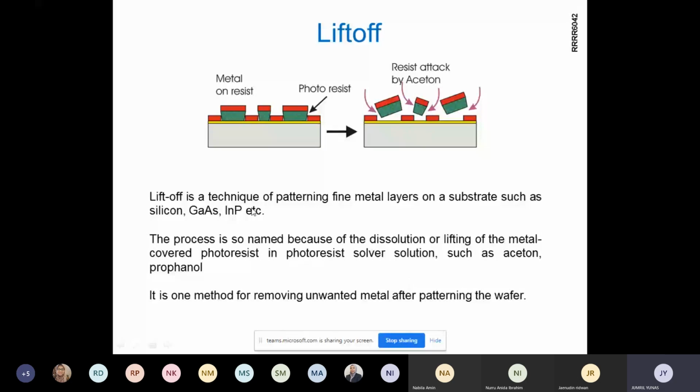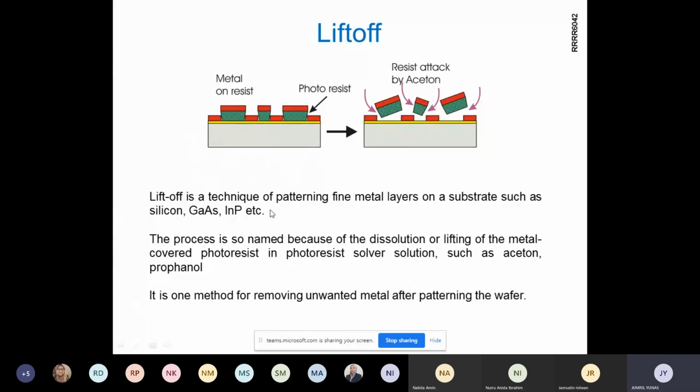Okay, this is another type to remove unwanted material. We call it lift off. Lift off is a technique of patterning fine metal layers on a substrate such as silicon, gallium arsenide, or indium phosphide. The process is so named because of the dissolution and lifting of the metal covering the photoresist in photoresist solvent.